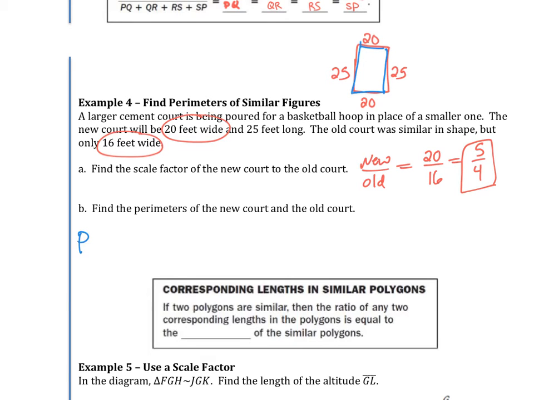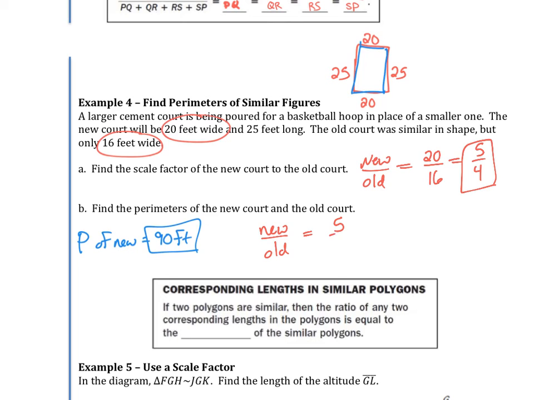So the perimeter, I'm going to put P of new court is equal to 90. Because 20 plus 20 is 40, 25 plus 25 is 50, 90 is what we get when we add them all together.